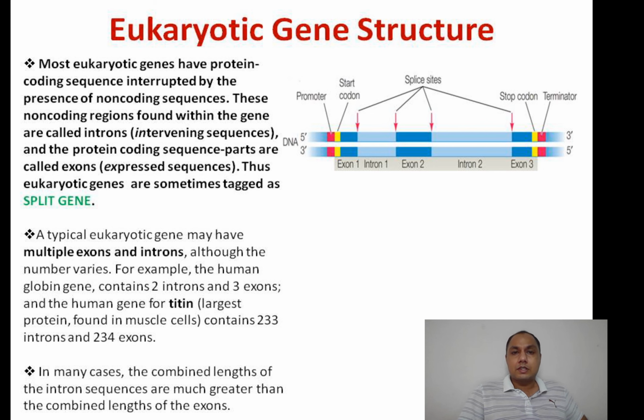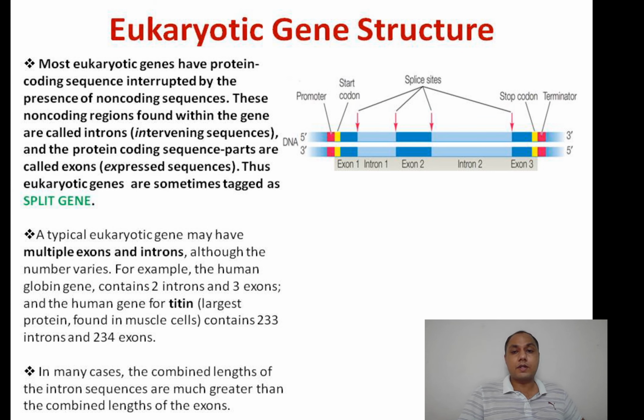This is the most important aspect we can consider. Such kinds of introns have not been reported, or are rarely reported, in prokaryotic genes. That means these are more or less exclusive features of the eukaryotic system.